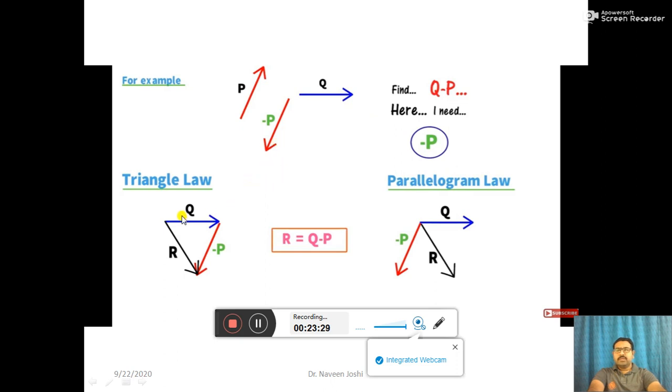Then with the triangle law, first we write vector Q, then the head of vector Q you attach with the tail of vector minus P, then the resultant vector forms a triangle. Similarly, with the parallelogram law, first you write vector Q, then the tail of the first vector you attach with the tail of the second vector, that is minus P, then the resultant vector comes here, R.